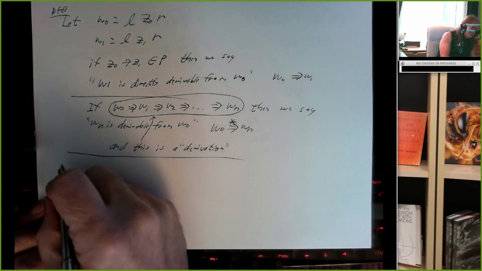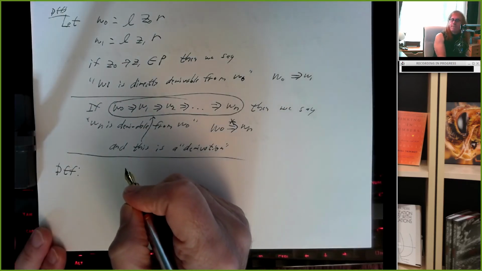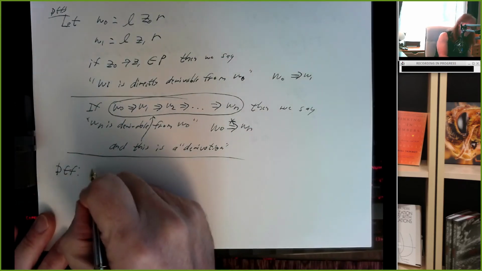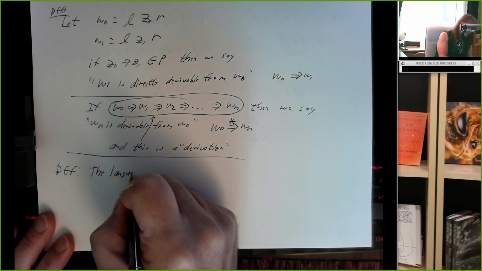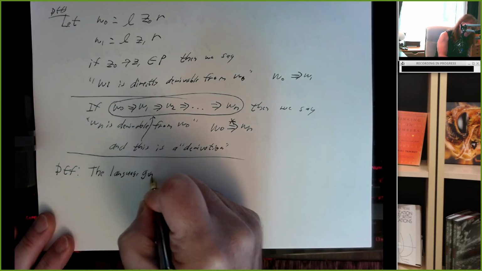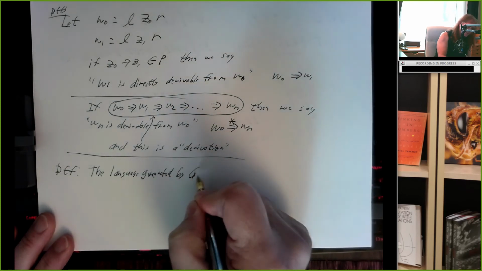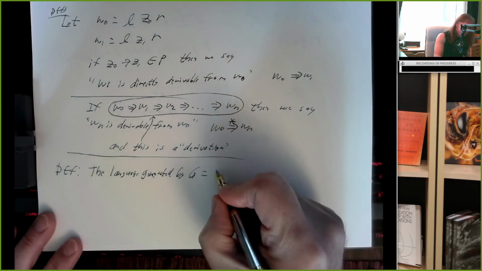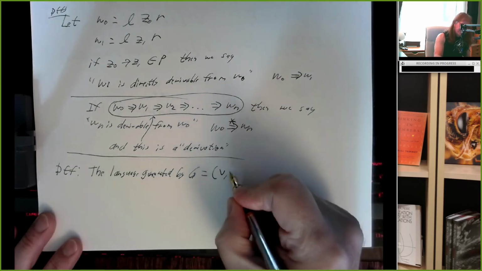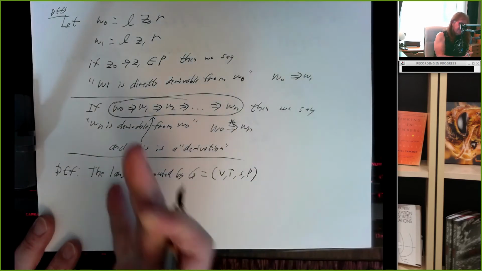All right, so here's our grand definition. So the language generated by G, and remember G is our grammar, so it's this four tuple of vocabulary, terminal symbols, start symbol, and production rules. So this is a grammar, it generates a language.